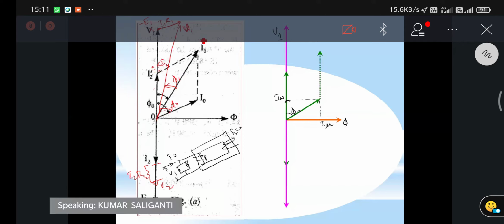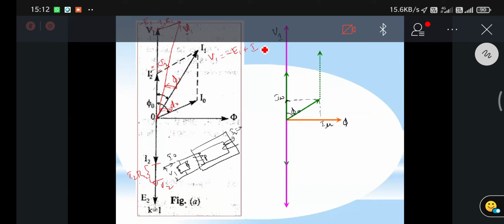Here you write V1 equal to minus E1 plus I1 R1. This V1 should be shifted here only: V1 equal to minus E1 plus I1 R1.